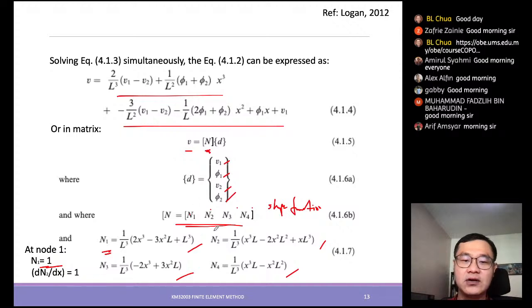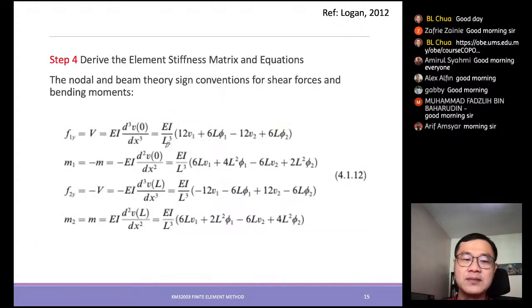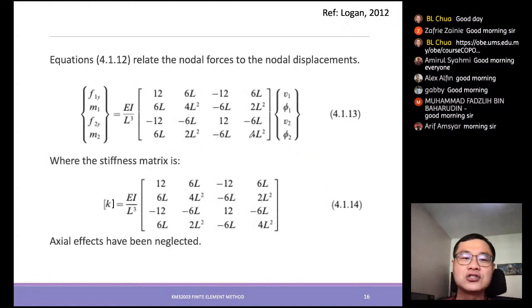Put them in, and you should get these formulations: the force acting vertically at node 1 equals this, and that equals this. So just put them in. Eventually, if we group them into a matrix form, then you will have this.